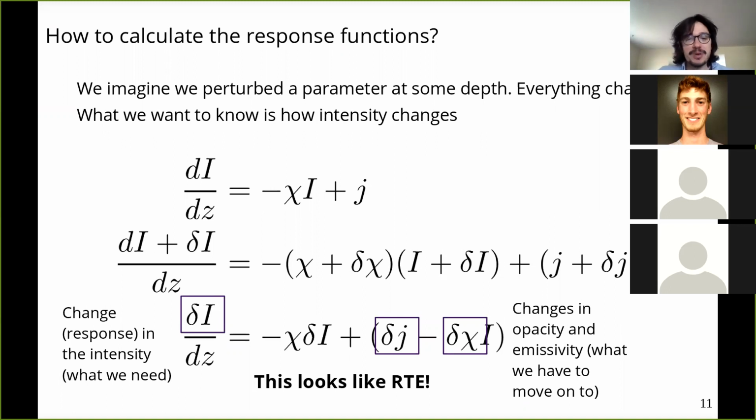So in principle, if you multiply all these terms in the second equation, you can cancel delta chi times delta I, because these are like a second order thing.